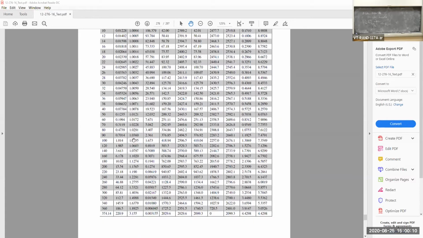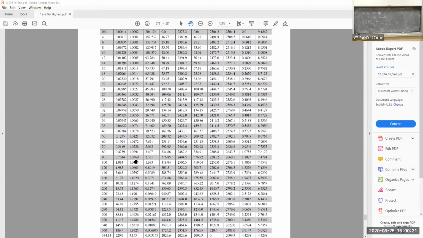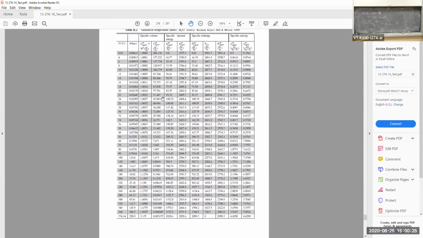So we are at 100 degrees C, 1.014 bar, and the specific volume of the saturated liquid is that third column. So there's the relevant row.